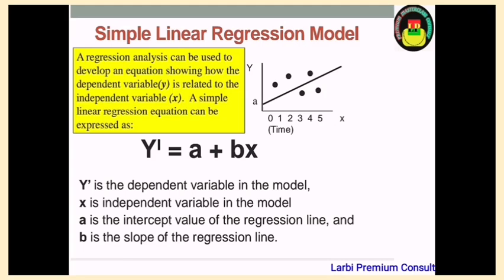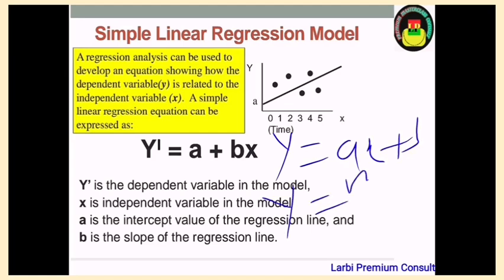And remember, this is similar to the one we had earlier, determining the equation of a straight line, where we said y is equal to ax plus b. Let me write it here. Some use y is equal to ax plus b. Others also use y is equal to mx plus c.